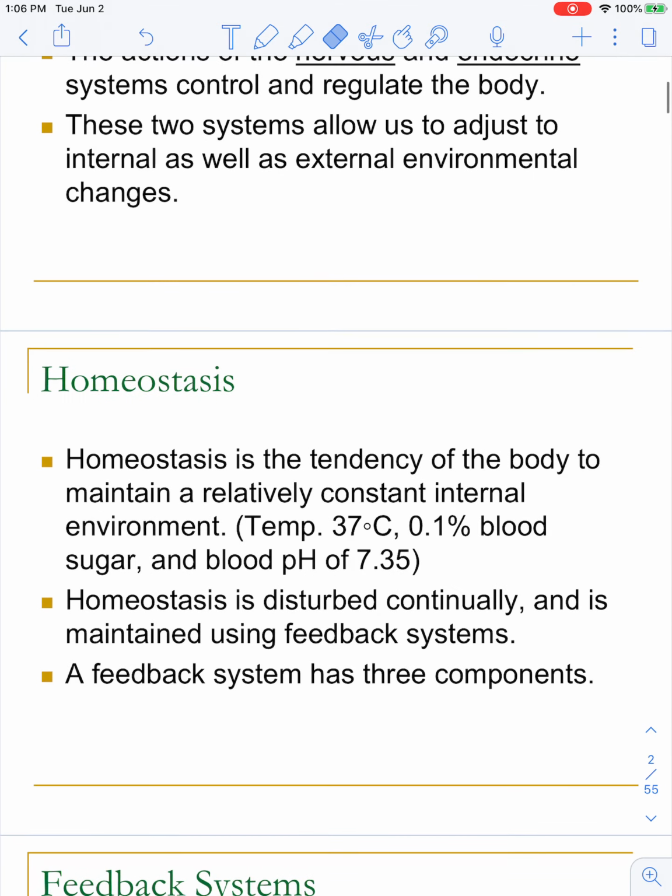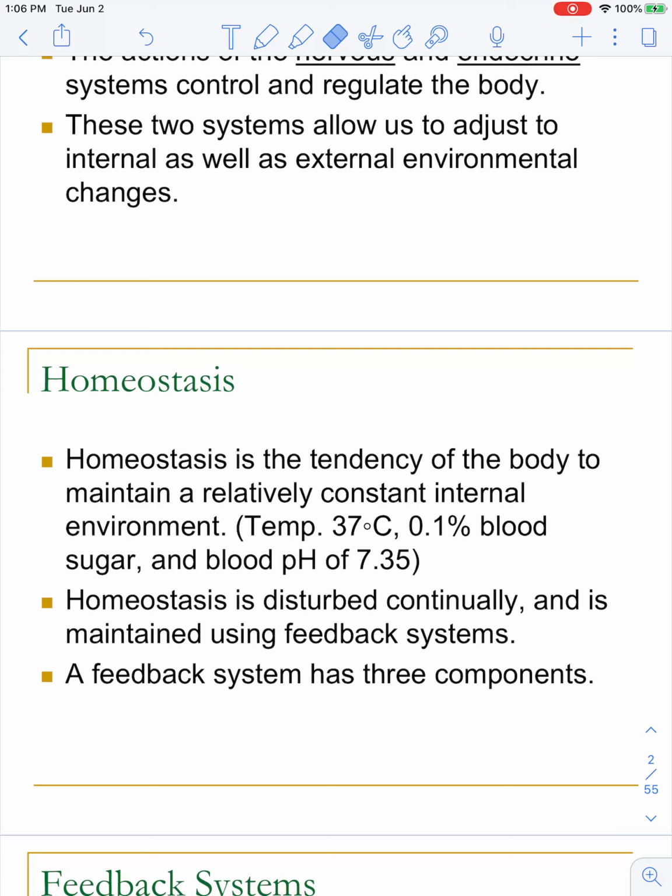So homeostasis is, here are the three things we were talking about, a tendency of the body to maintain a relatively constant internal environment. We like our temperature to be around 37 degrees Celsius, 0.1% blood sugar, and blood pH of 7.35. We do not want to vary from that range very much. We want to keep it really narrow.